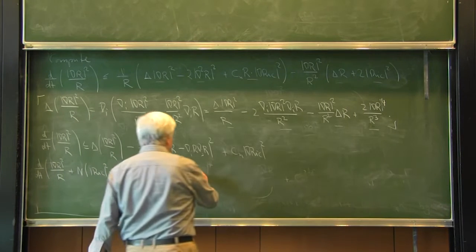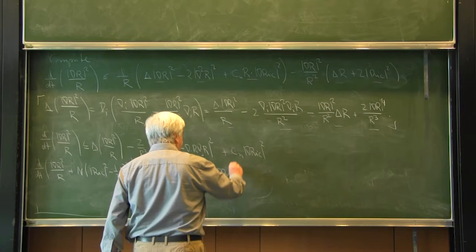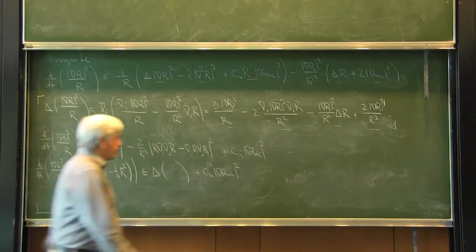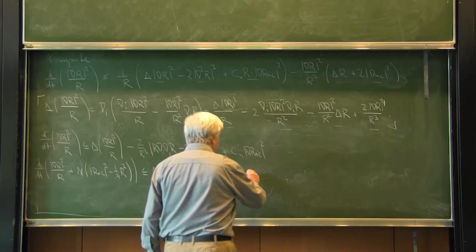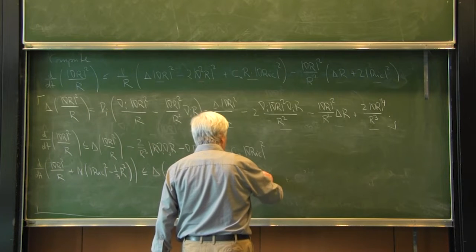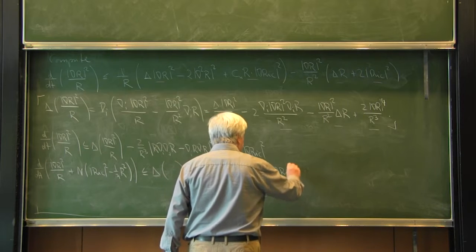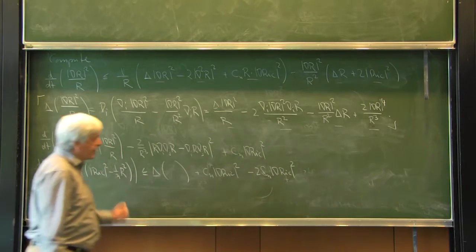So I have the bad term C_n times gradient Ricci squared. But then from here we get a good term. And this good term was 2 times delta_n times gradient Ricci squared, coming from our lemma, and I multiply this with capital N.